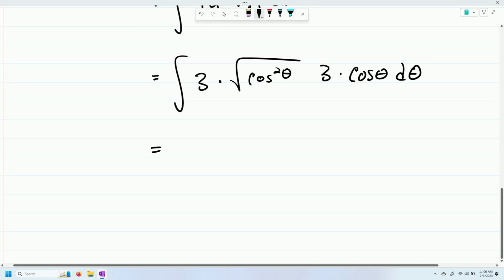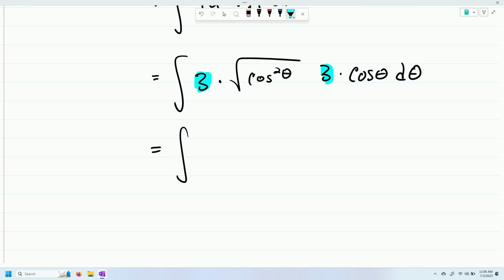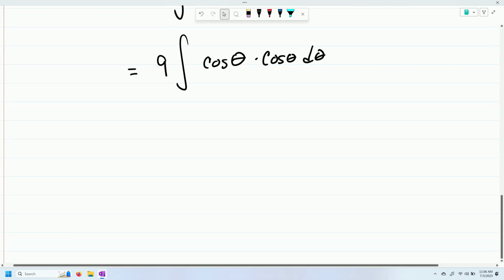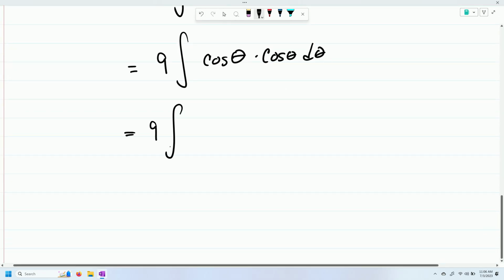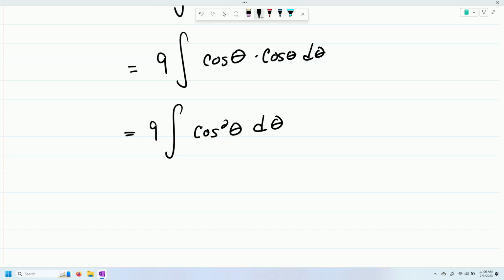Next, I can simplify the square root of cosine squared theta. I can also multiply the 3 times 3 and move it out front. So we're going to put a 9 out front. The square root of cosine squared theta is cosine theta times cosine theta d theta. And finally, you get 9 times the integral of cosine squared theta d theta.